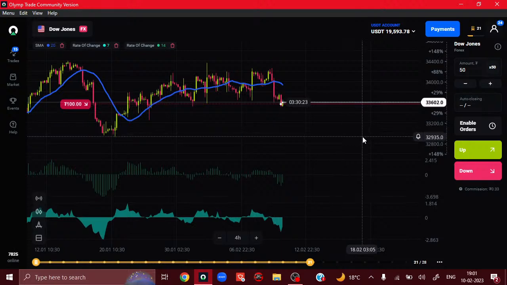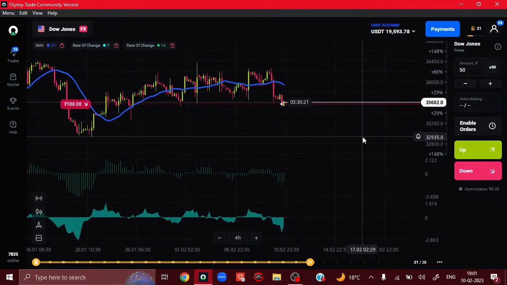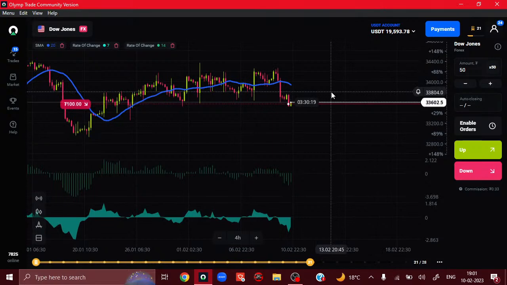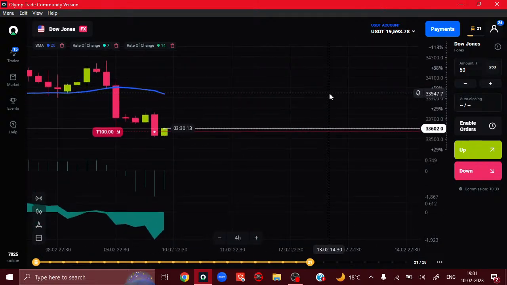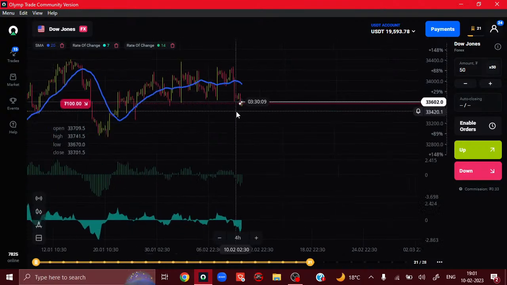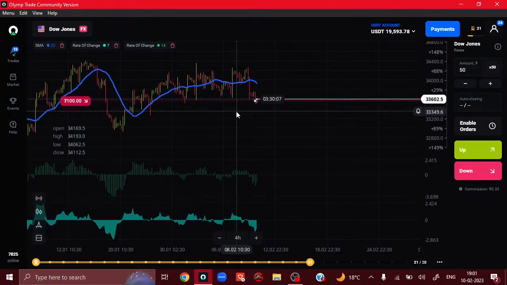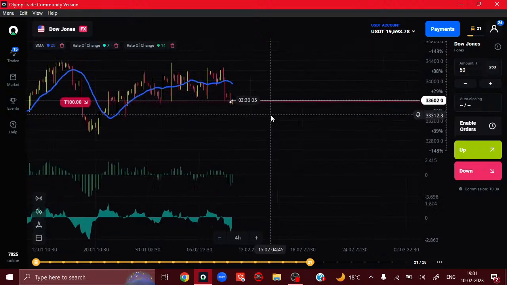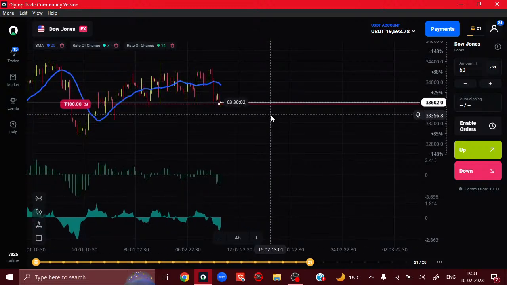And I think that it will bounce off these levels and would likely rise up to 33,800, the next target, the high of the previous red candle here, if it is sustaining. Also, the rest depends upon the CPI data release, which is due in the upcoming week.